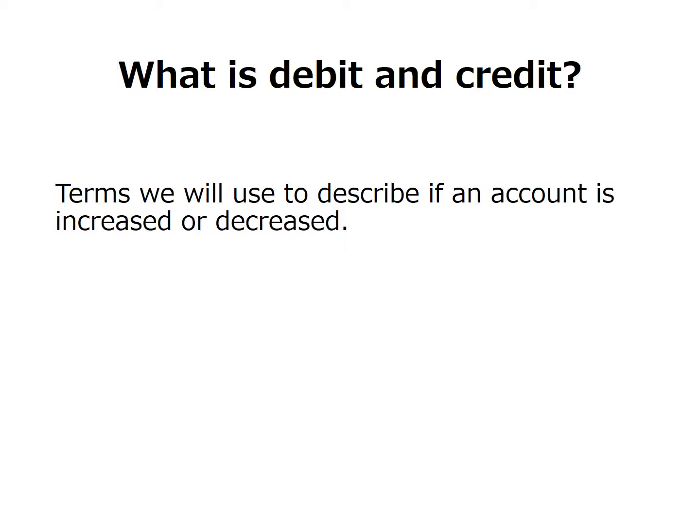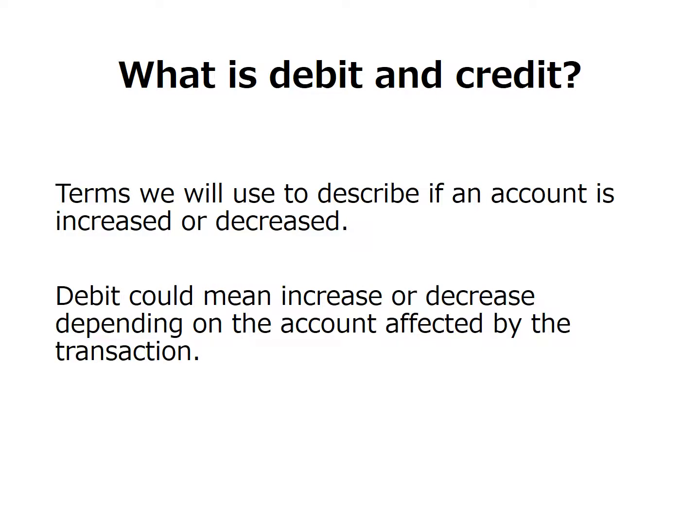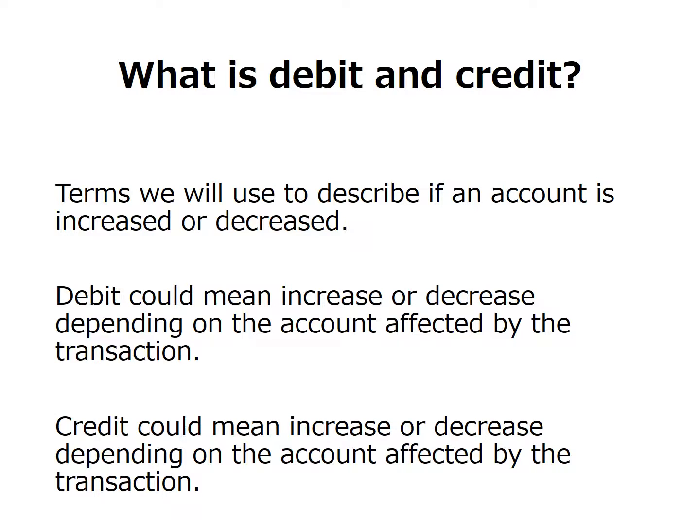They are the terms that we will use to describe if an account is increase or decrease. Debit could mean increase or decrease depending on the account affected by the transaction. Credit could mean increase or decrease, again depending on the account affected by the transaction.